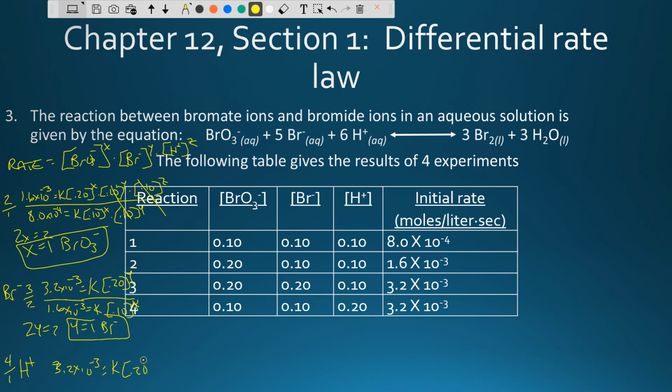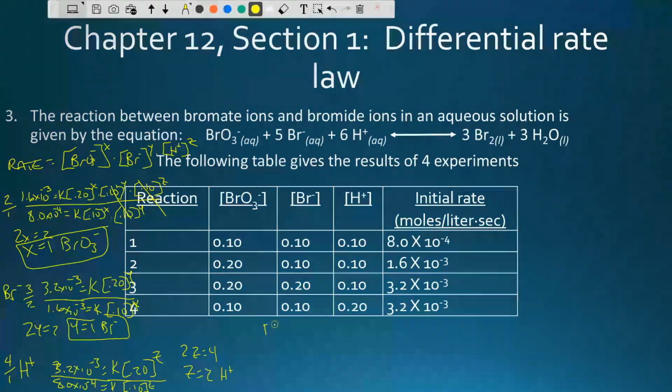That's a 0.20 to the z divided by 8.0 times 10 to the negative fourth equals K times 0.10, and that's going to be to the z. Okay, so this will give me 2 to the z equals 4, so z equals 2, and that's of my hydrogen ion.